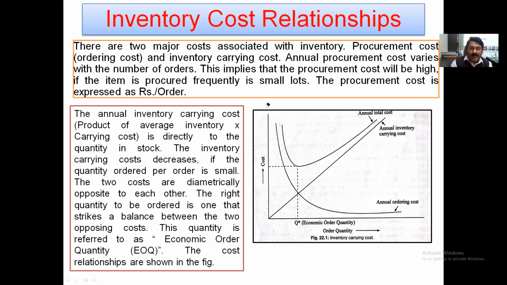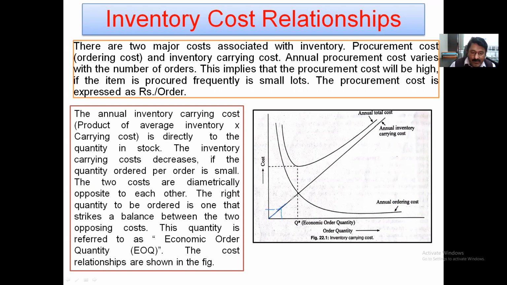Friends, let us discuss the annual inventory carrying cost. The annual inventory carrying cost, the product of average inventory and carrying cost, is directly proportional to the quantity in stock. The inventory carrying cost decreases if the quantity per order is small. See here, the smaller the quantity, the smaller the cost.